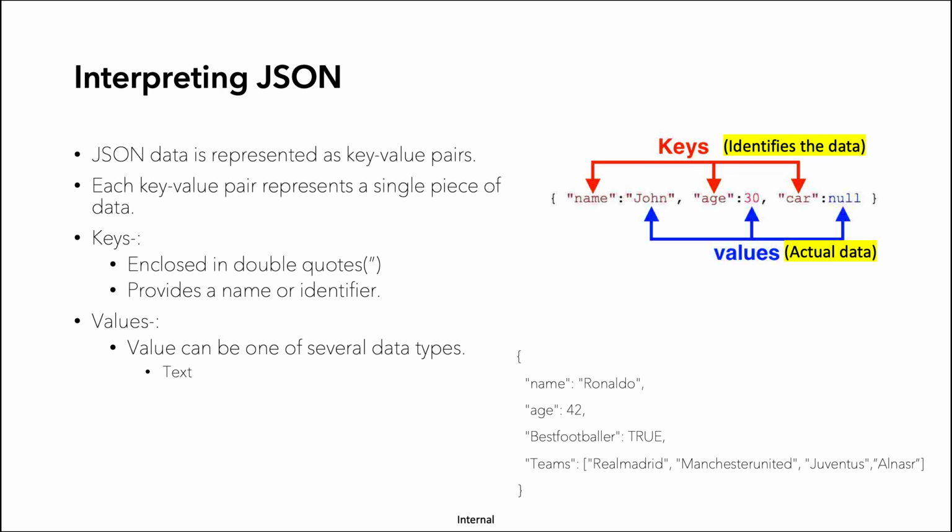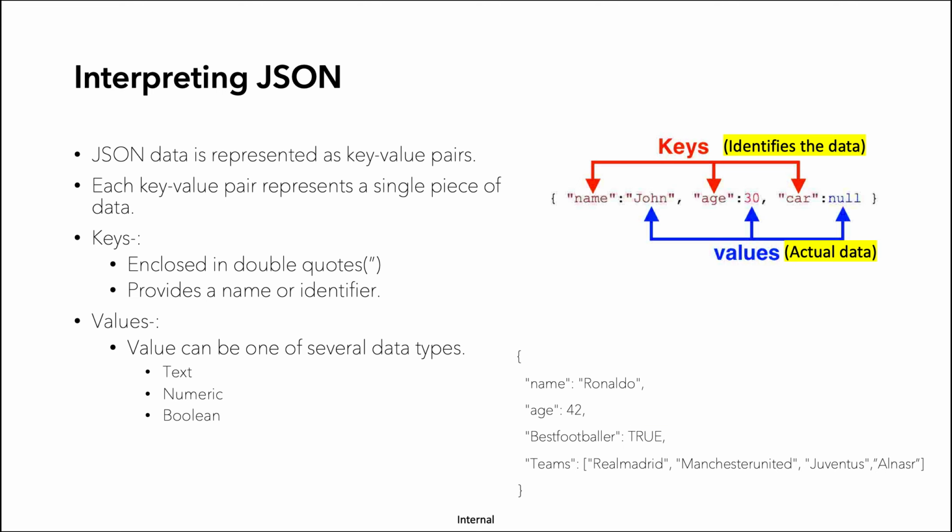Then numeric, a numeric value which can be an integer or a floating point number, listed without quotes. Then we have another value type, that is boolean, either true or false. On the right, if Ronaldo is the best footballer, you can give it a true or a false. Of course, the Messi fans will say it's false, but he is the best player, I feel.